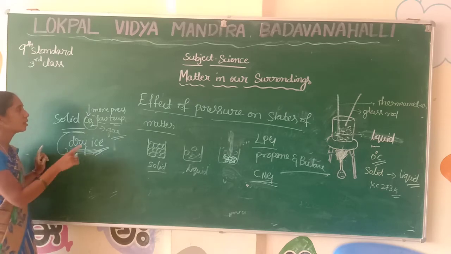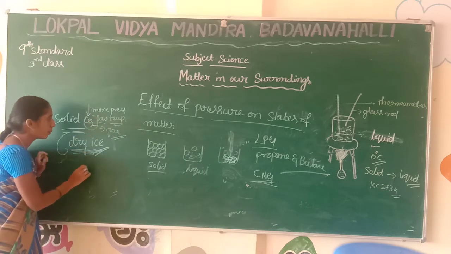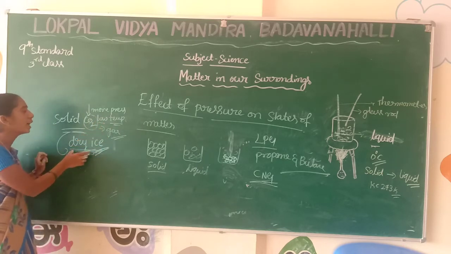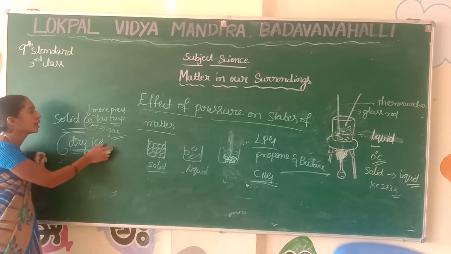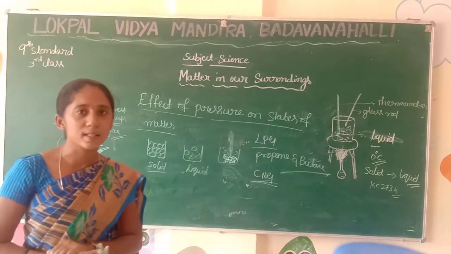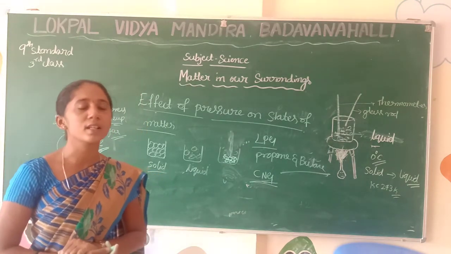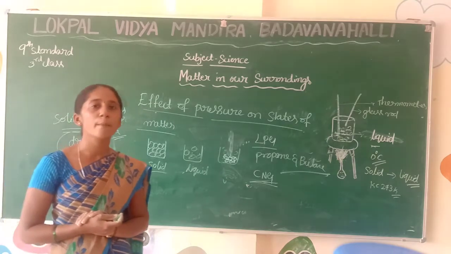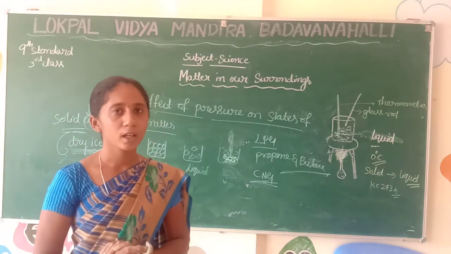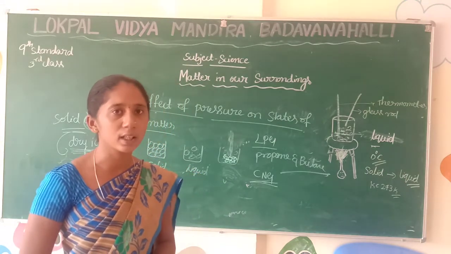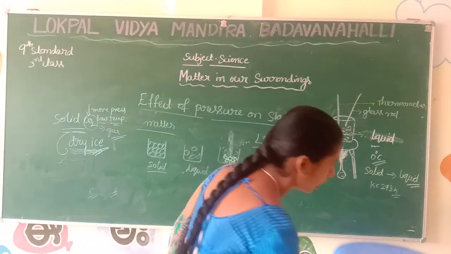When we release the pressure and apply high temperature, again this dry ice gets converted into the gaseous form of carbon dioxide. Did you understand students? Yes, this is about the interconversion of the states of matter, the effect of temperature and pressure on the states of matter. Did you understand students? Yes.